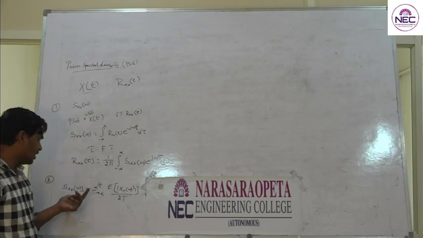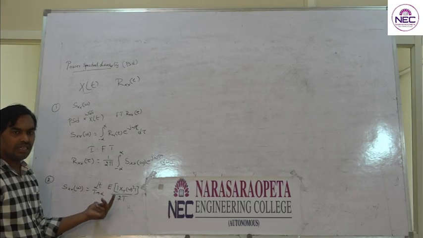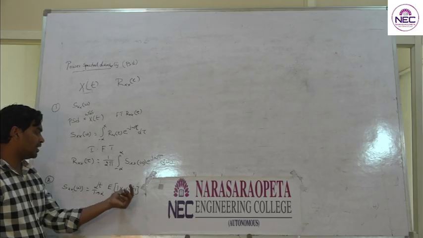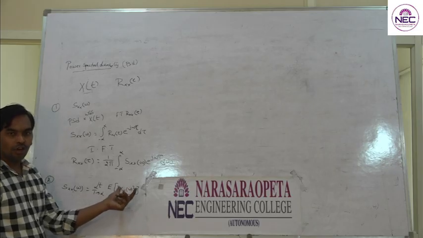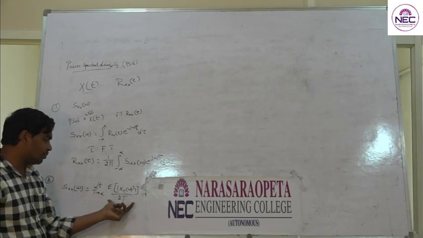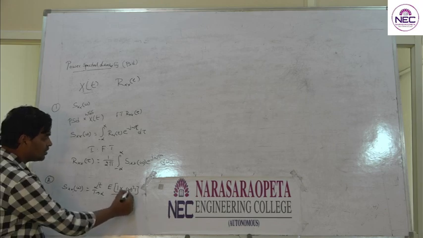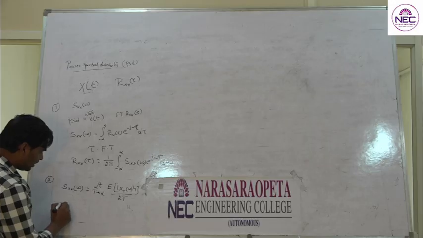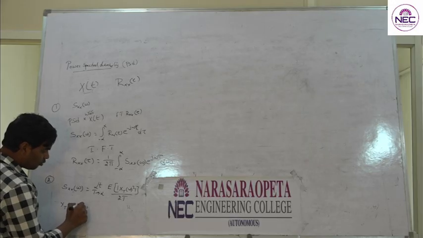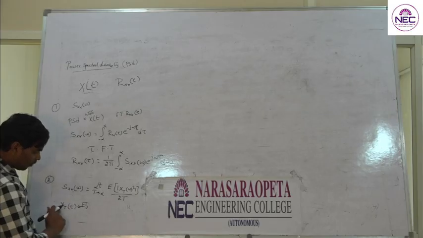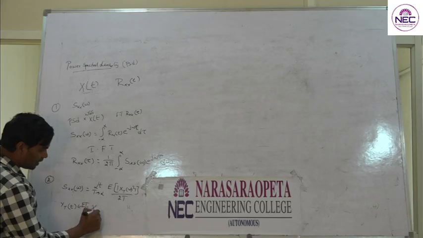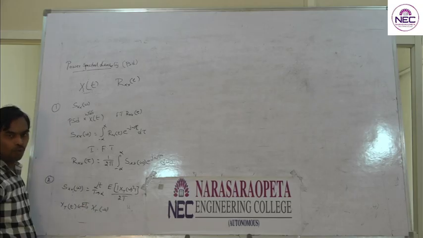So Sxx of omega is equal to limit T tends to infinity of the expected value of magnitude of X_T of omega whole square by 2T. And what is this X_T of omega? It is the Fourier transform of x_T of t. On the Fourier transformation of x_T of t, we obtain X_T of omega.